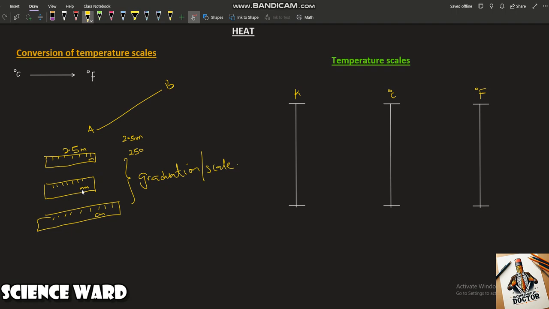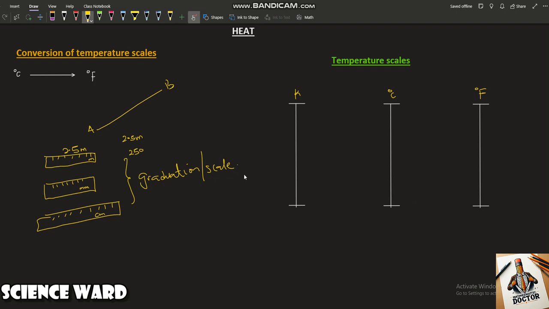Now, this is the same thing that happens with the temperature scale. These are all thermometers. We can say these are three different types of thermometer with three different types of scale. They might also be the same set of thermometer, but with different scales, right?